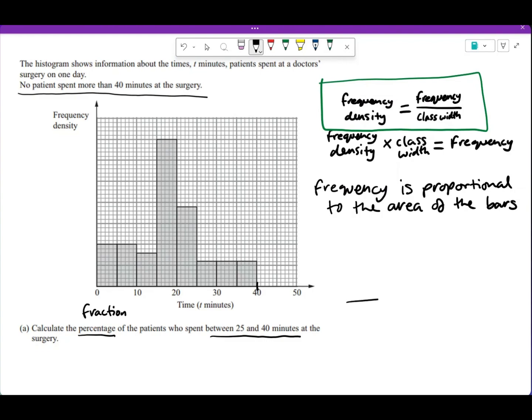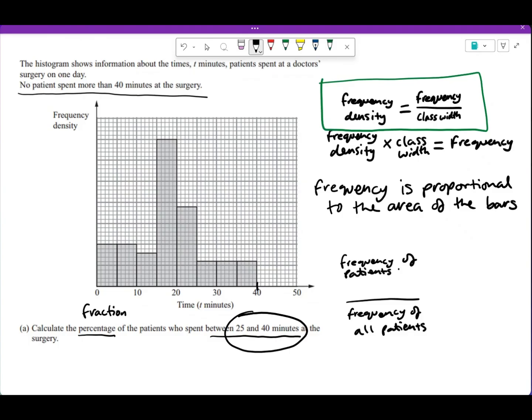Our denominator is going to be the frequency of all patients, and then our numerator will specifically be the frequency of patients between 25 and 40 minutes. If I can figure out both of these frequencies, I've got my fraction, then we can convert it into a percentage by multiplying by 100.